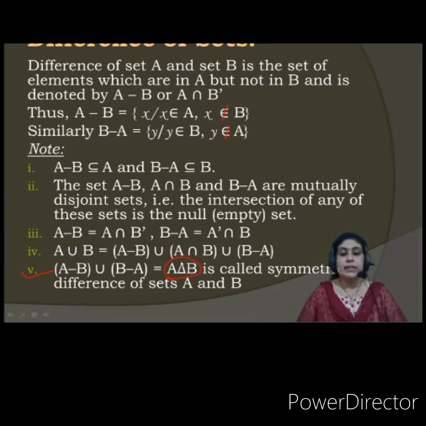So do remember this triangle in between means that A and B are symmetric difference. It is denoted as the symmetric difference of the sets A and B. Okay, do remember. And what is it actually? If you find the set A minus B union with B minus A, then you get the symmetric difference.